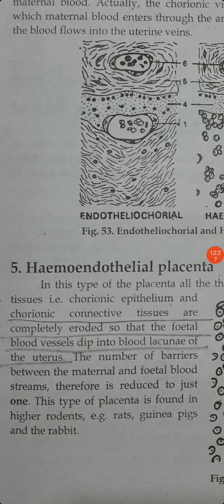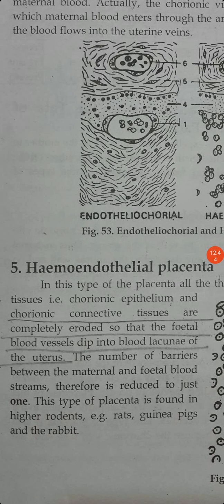Then the hemoendothelial placenta. See here, the villi are directly bathed in the blood of the maternal side. Now here, hemoendothelial.